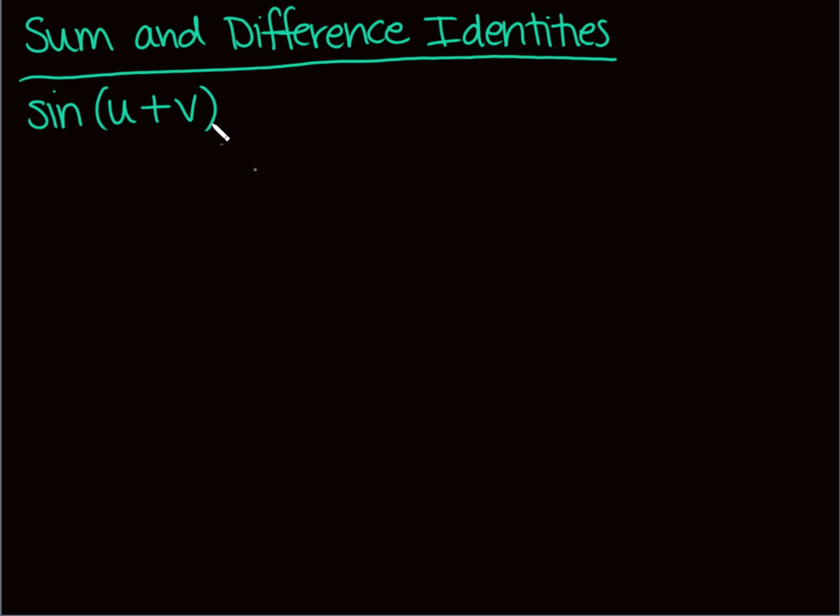So here's what sine does. Sine does kind of the opposite. You take the sine of u times the cosine of v, and then it has the same sign, S-I-G-N. So then it's going to be plus, and then you take sine of the first, cosine of the second, and then you flip it. Then you take cosine of the first, sine of the second. So you do cosine of u, sine of v.